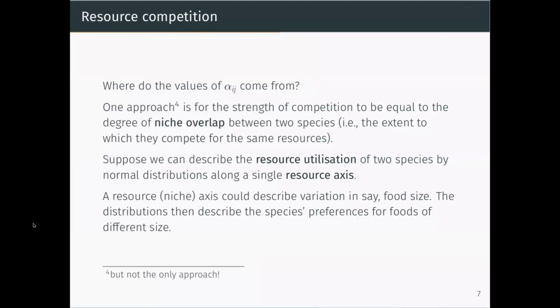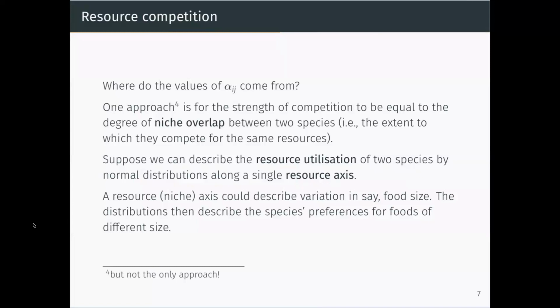So suppose then we can think about describing the utilization of different resources by species with some functions. If we think of, say, a niche axis or a resource axis as describing variation in a particular type of resource, for example, we might have a resource like food, and the axis is varying the size of that food. So this could be, say, birds feeding on seeds, and they might prefer seeds of different sizes.